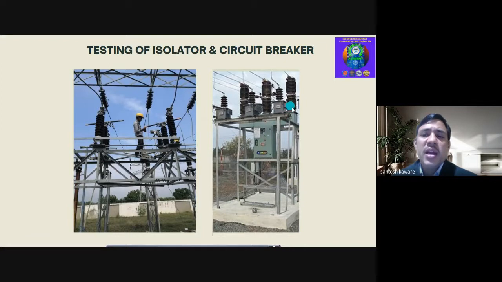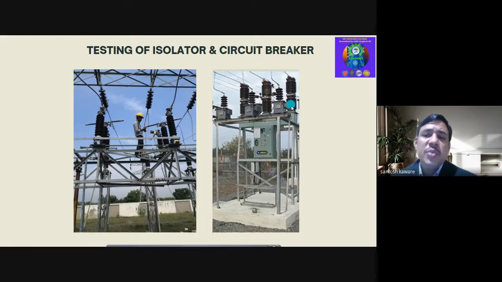We have observed many times that breakers fail. Even there is a blasting of these breakers. We have observed this during a fault. If that fault gets cleared, these breaker poles get damaged and there is a blasting of these breakers.